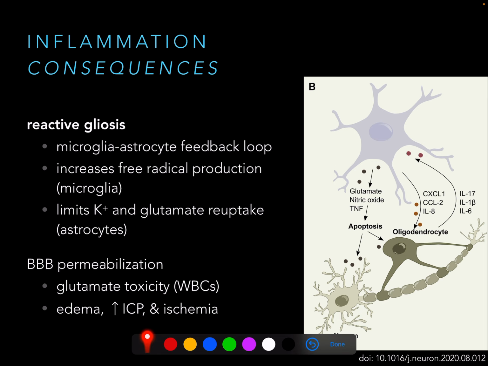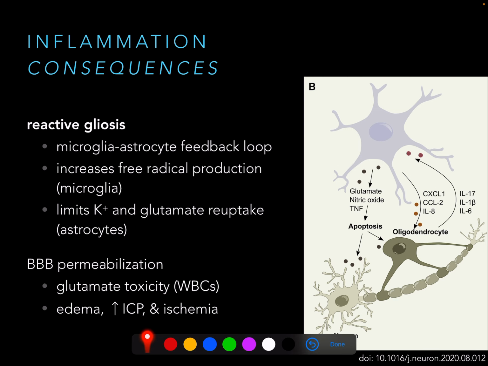The other issue with inflammation is that it affects the vasculature. Sure, it sucks to spit out glutamate and stimulate apoptosis in neurons or oligodendrocytes, but that's not the only problem. If we permeabilize our blood-brain barrier, then things can enter the brain that shouldn't. White blood cells, for example, which spit out glutamate, and by golly, we're back to glutamate toxicity again.